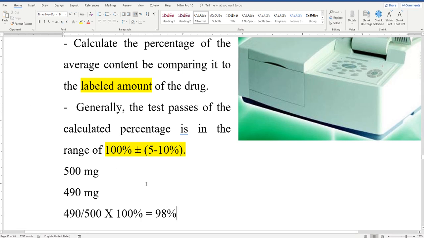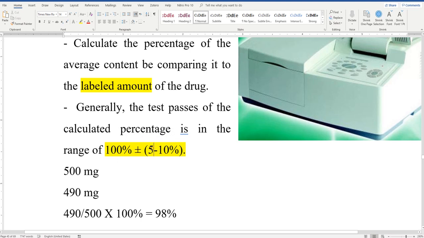Okay, for many drugs the answer here should be 100% plus minus from 5 to 10% depending on the drug.